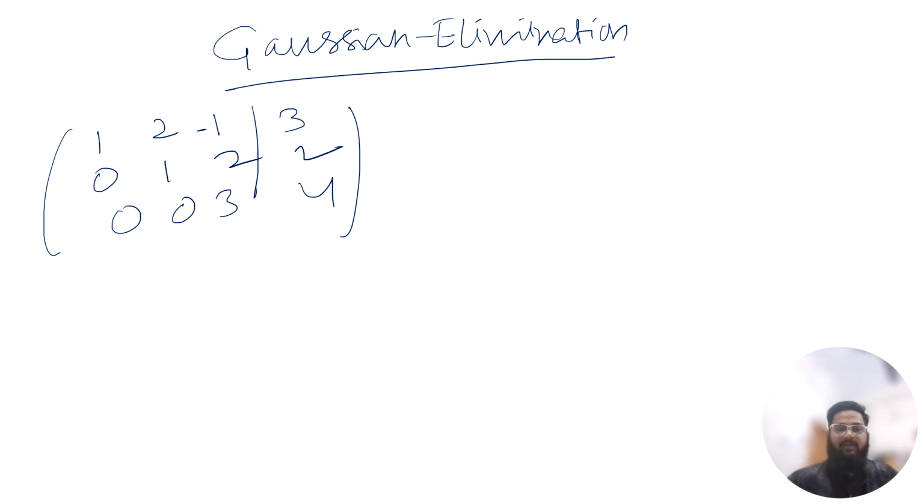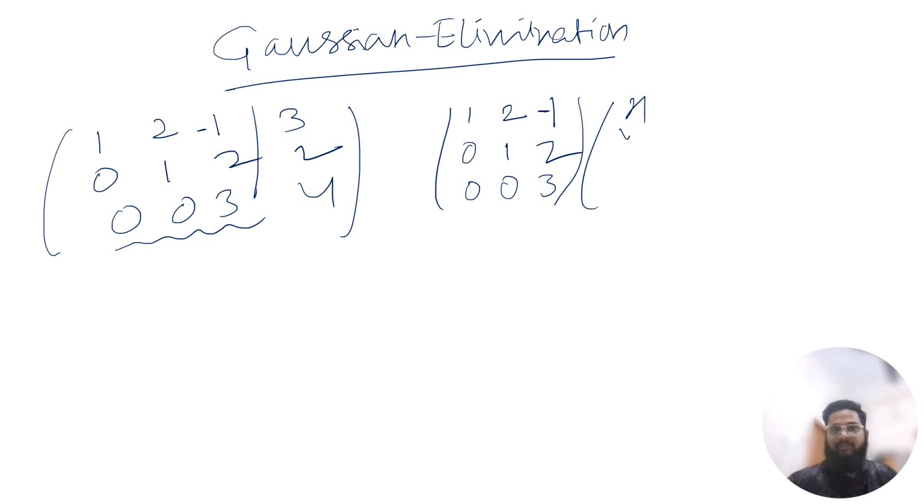This was the augmented matrix. Now Gaussian elimination says from here how to find the solutions. So this is the A: 1, 2, minus 1; 0, 1, 2; 0, 0, 3. Along with that you take the variables x, y, z. A into x equal to B, which is 3, 2, 4.